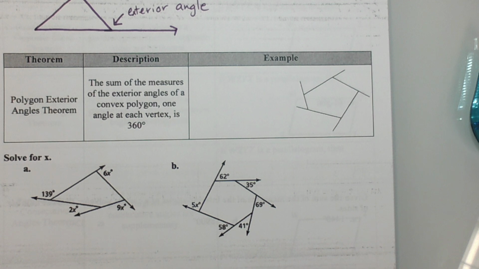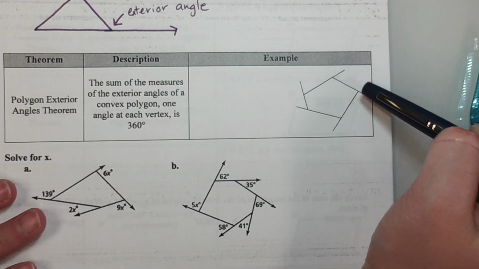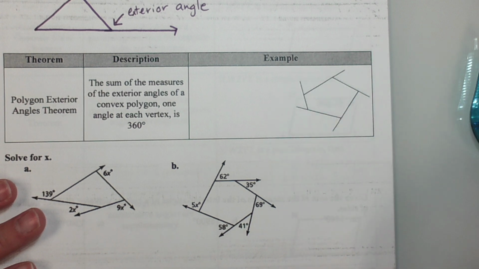Note that it doesn't mention anything about how many sides, because it doesn't matter. The number of sides is irrelevant for exterior angles. If you have exterior angles on the shape, one at each corner, they add up to 360.